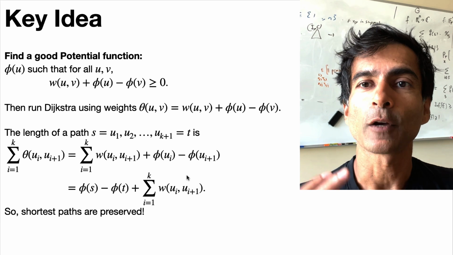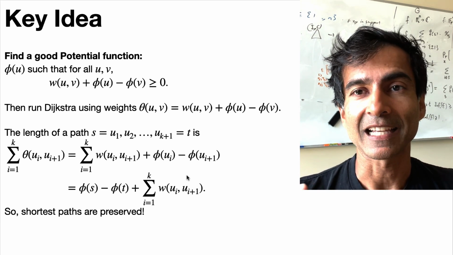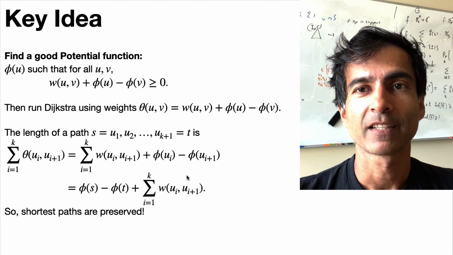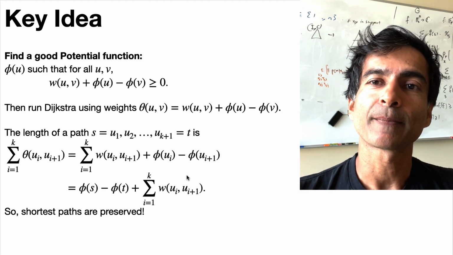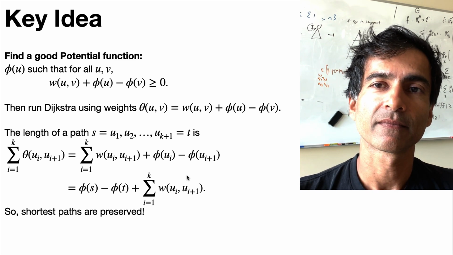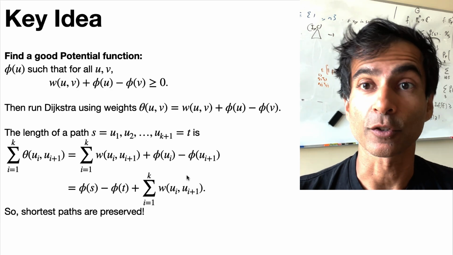So every path from s to t has been shifted by exactly the same amount using the potential function. And therefore, the shortest path remains a shortest path. So the shortest path we find using Dijkstra's algorithm is correct.